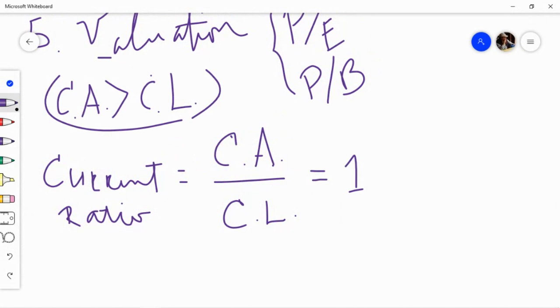If it is 1, you have exactly the same amount of current assets as current liabilities. But is that good? No, it's not good. Why? Current assets is also working capital. In other words, if these numbers are the same, then after paying off current liabilities, you have nothing left for working capital.